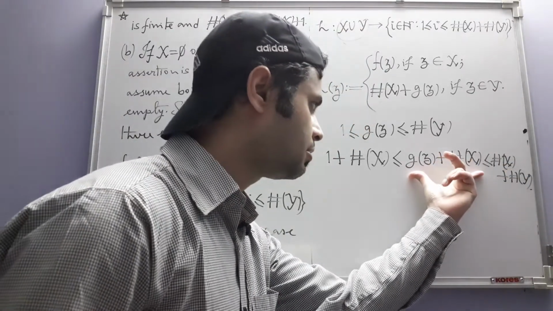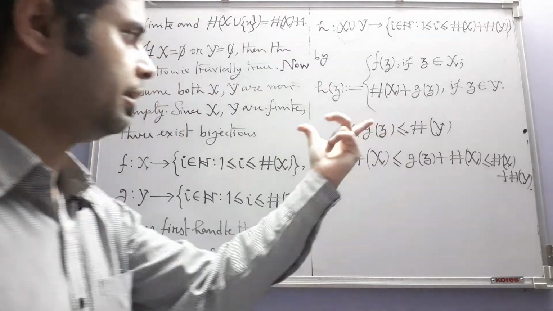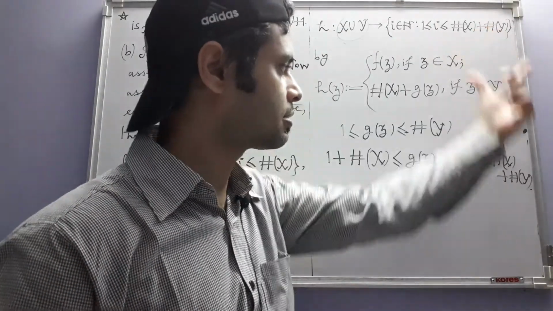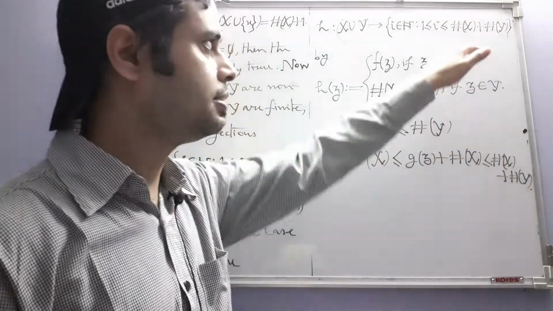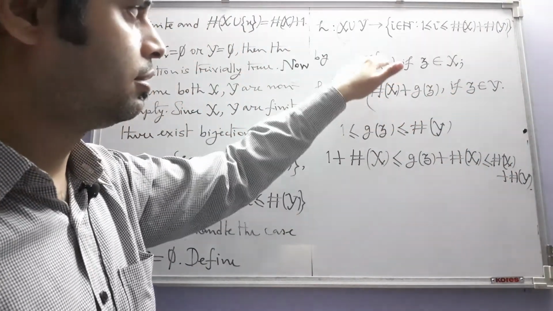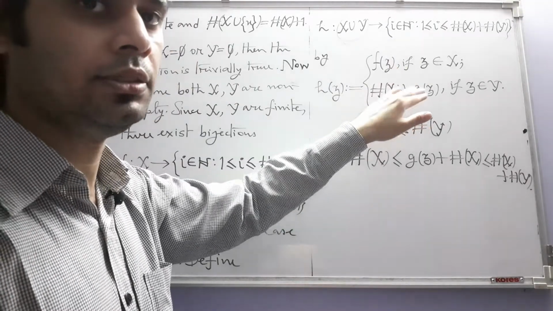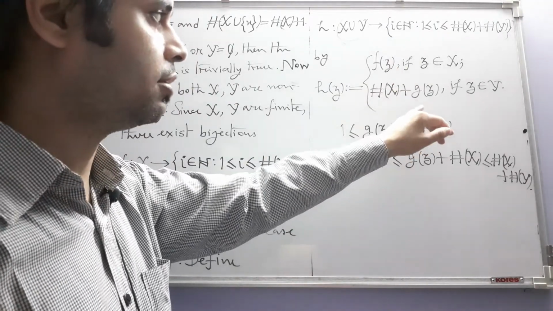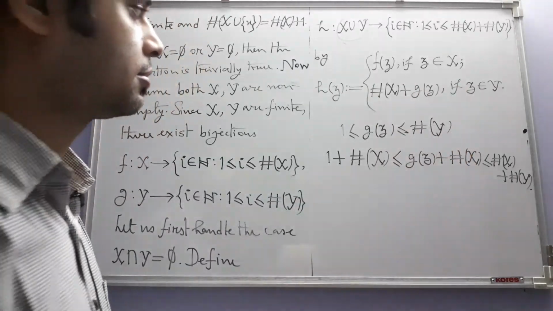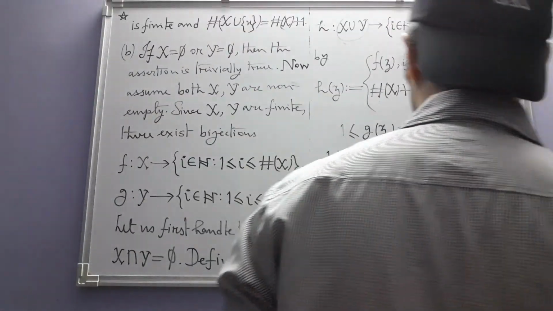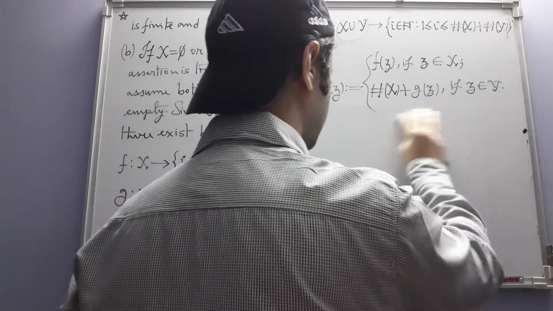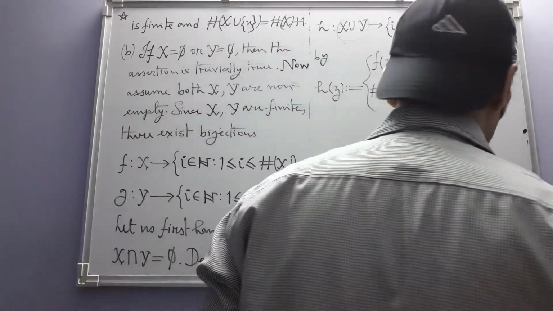So this output is after all between 1 and this upper bound. So it is in the range, and in every case we are getting a single output, a unique output for a given input, because f and g are well defined functions. So that's why h is well defined.